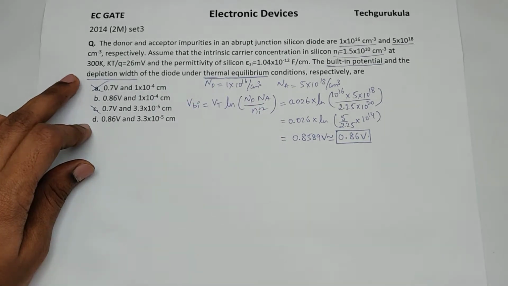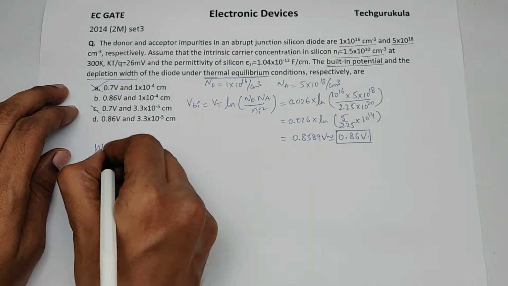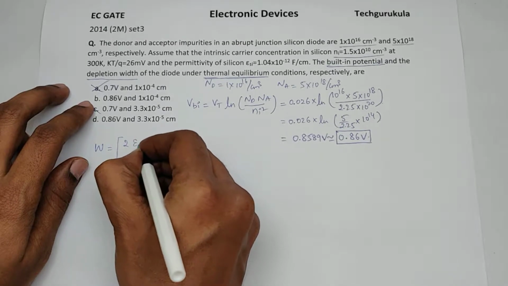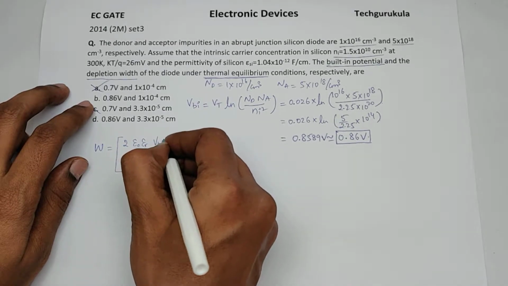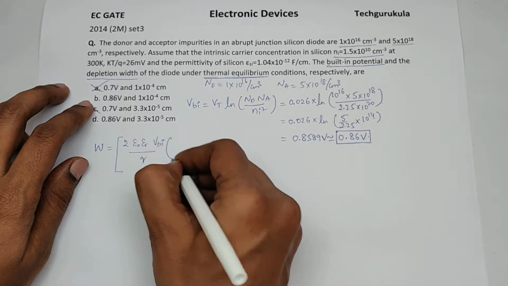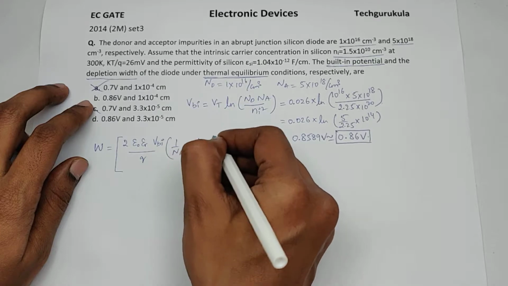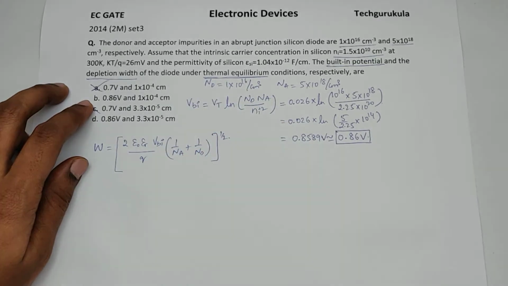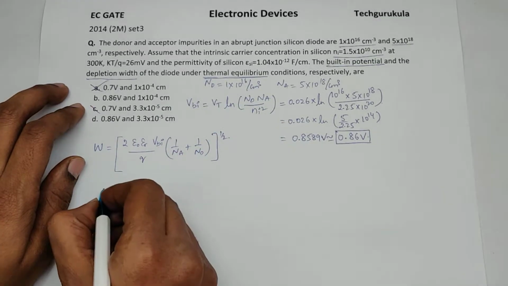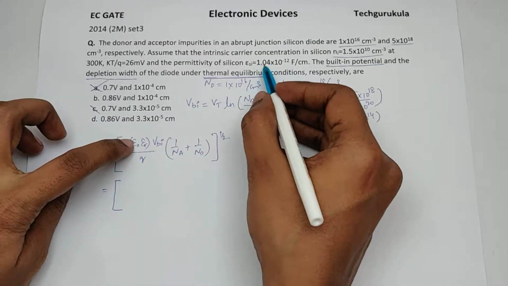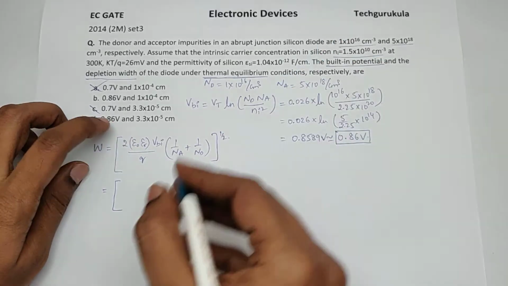So the depletion width under equilibrium is given by 2 epsilon naught epsilon R VBI over q times 1 over NA plus 1 over ND, whole power half. So if you substitute the values here, the entire epsilon times epsilon R is given as 1.04 times 10 power minus 12 farad per centimeter.